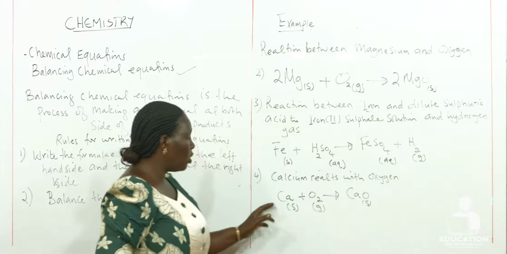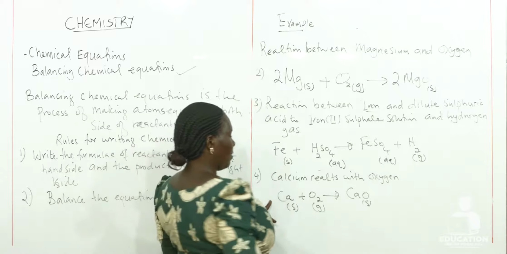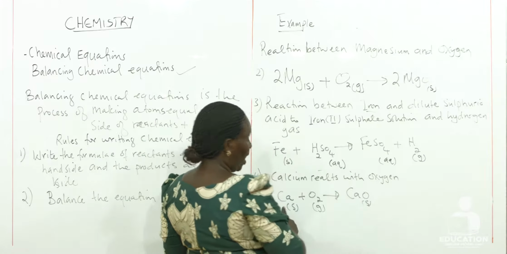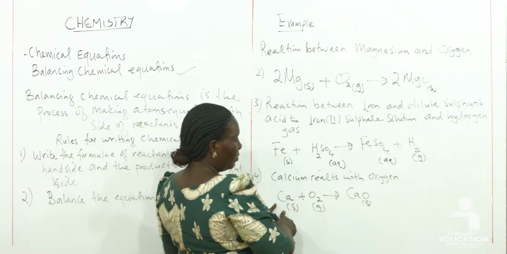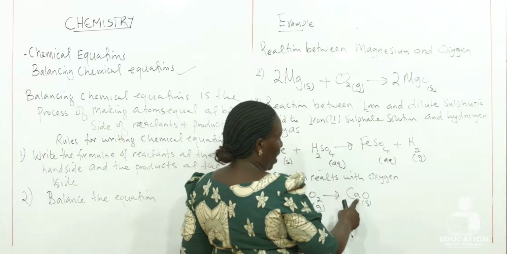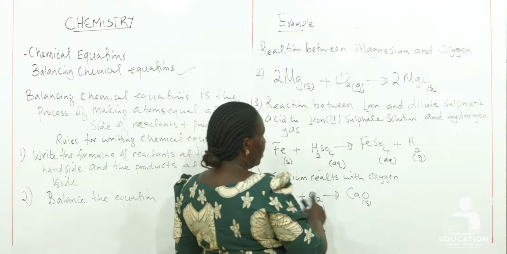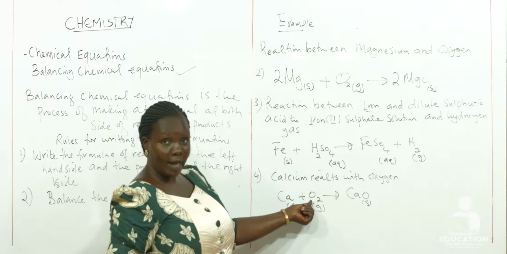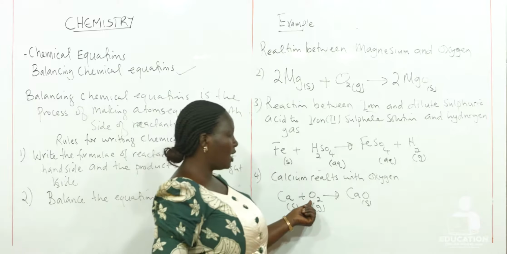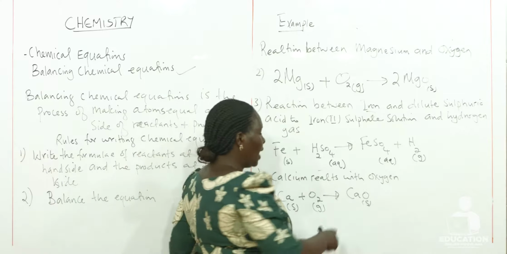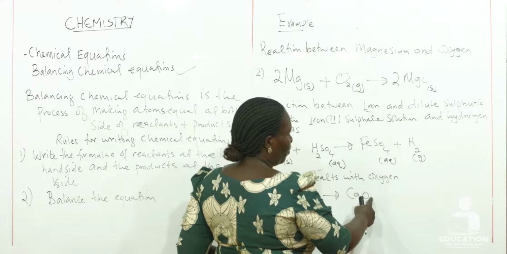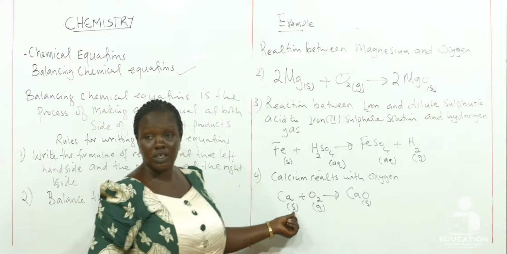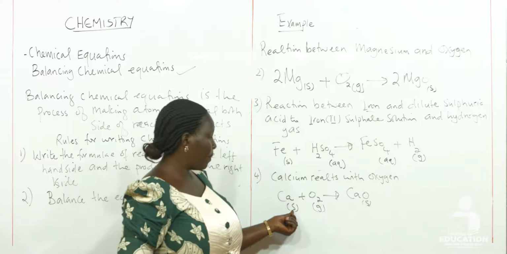Then we need to check also the number of calcium atoms at the right hand side. So here we have 1 calcium atom giving us also one calcium atom. Then we look at the second, oxygen. At the left hand side, we have 2 oxygen atoms. Meanwhile, at the right hand side, we have only 1. So the number of oxygen atoms in this equation is not balanced.